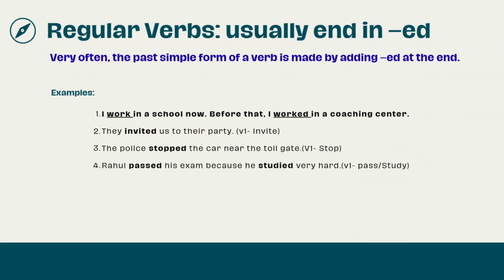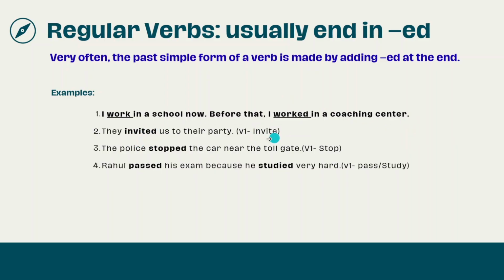So, let us look at the division between regular and irregular verbs. So as you could see that regular verbs, they usually end in ed, and often the past simple form of the verb is made by simply adding ed at the end. Something like, I work in a school now. Before that, I worked in a coaching center. They invited us to the party.